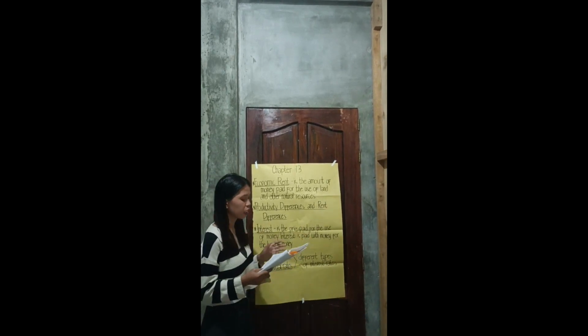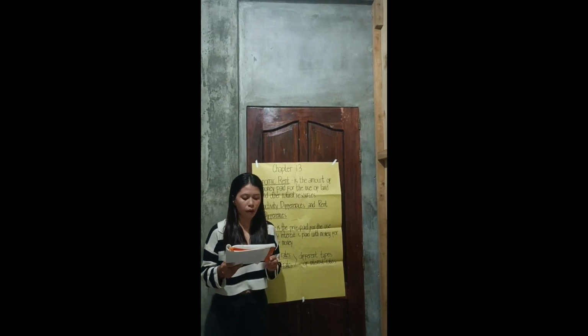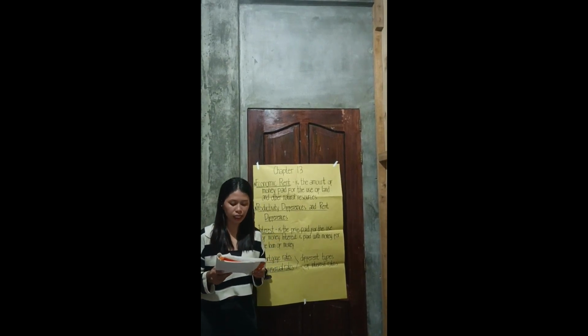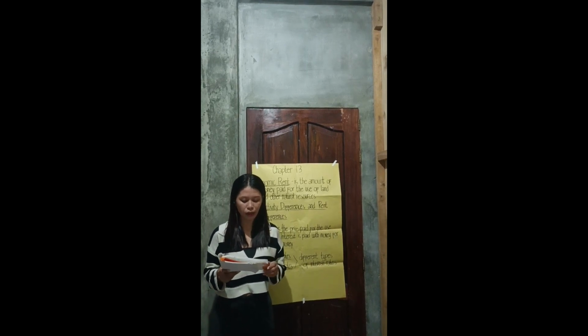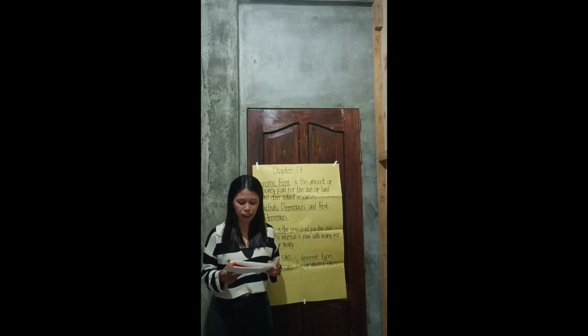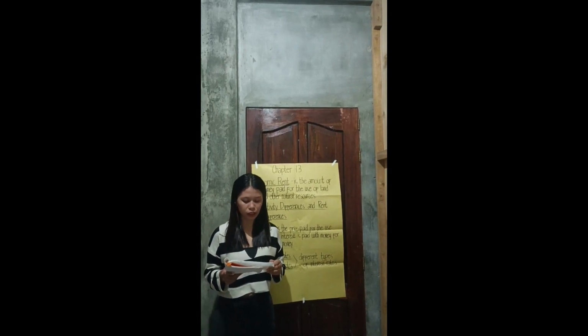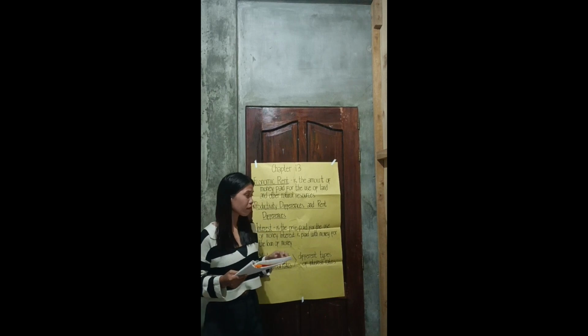First is productivity differences. This refers to differences in the productivity levels between two countries or regions. Productivity is a measure of efficiency of a given output such as goods or services.